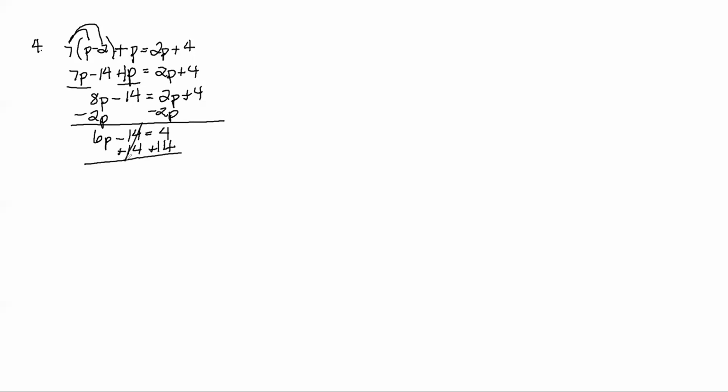We're left with 6p equals 4 plus 14 is 18. And then we'll go ahead and divide both sides by 6. And so we get p equals 3.